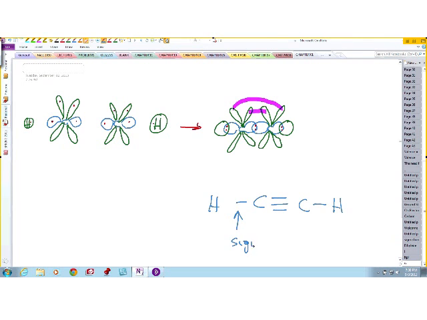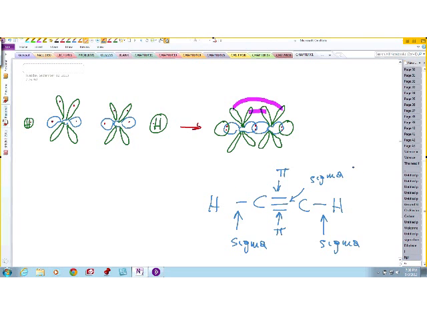We have this sigma bond, we have this sigma bond, and we have a pi bond right here and a pi bond right here. And the one in the middle, we could consider the sigma bond.